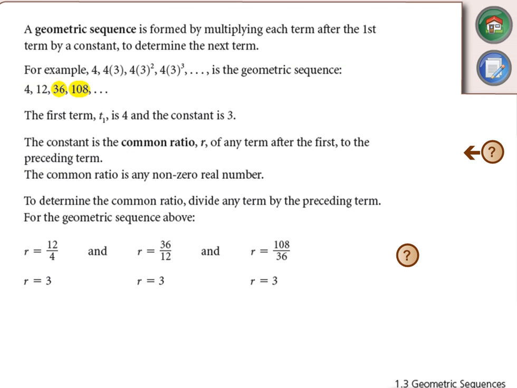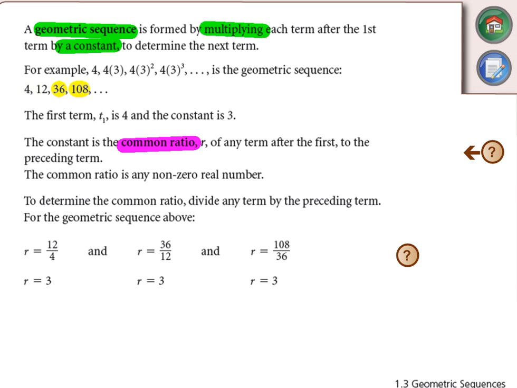Now, as I mentioned for you, a geometric sequence is made by multiplying each term, and that's always by a constant. That constant is going to have a special name. That special name is the common ratio. Just like the common difference was for the arithmetic sequence, the common ratio is for a geometric sequence.